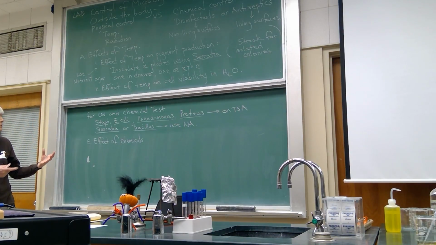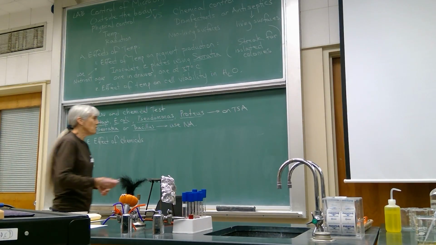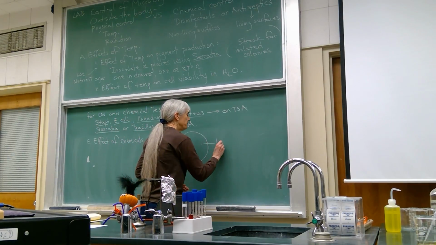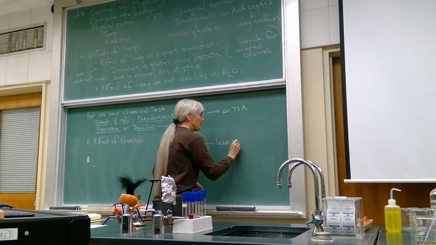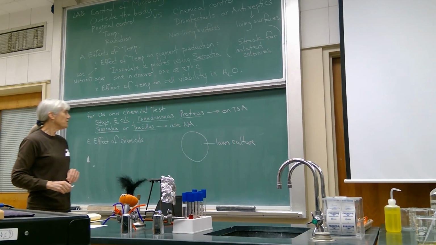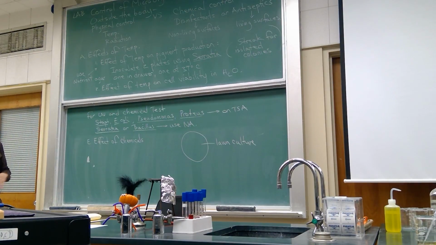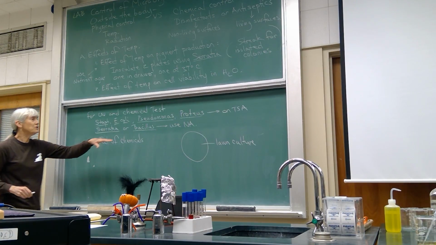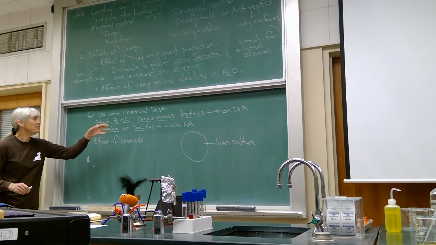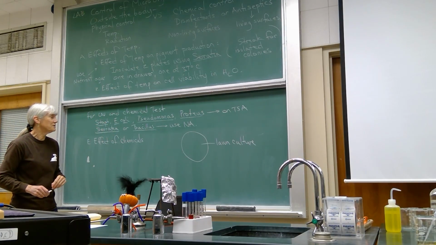Okay, so how do we put these chemicals on the plate? You're going to, once again, inoculate a plate so that you have a lawn culture. And communicate so that not all the groups are using the same organism type. For the effective chemicals, you can use Proteus. So now you have all the choices: Staph, E. coli, Pseudomonas, Proteus, Serratia, or Bacillus.